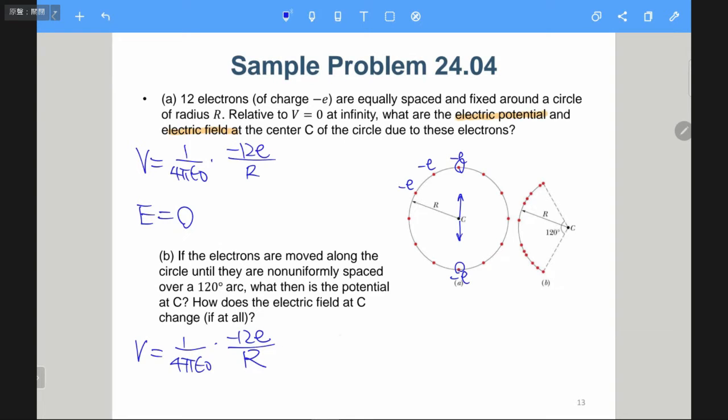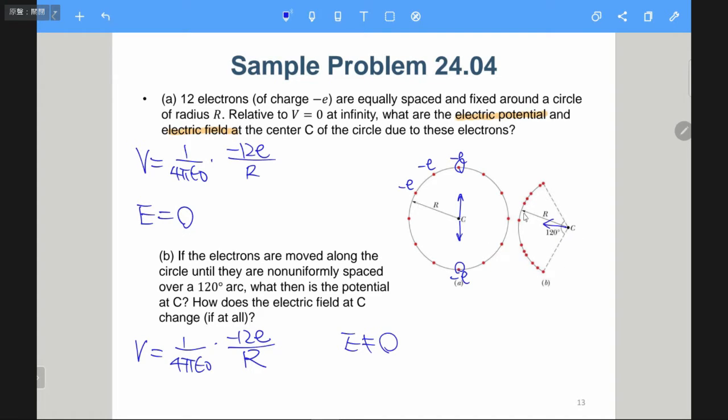But for E, it doesn't equal 0, because the fields cannot cancel at this point. Maybe they partially cancel, but generally the field will point somewhere this way or maybe lower.